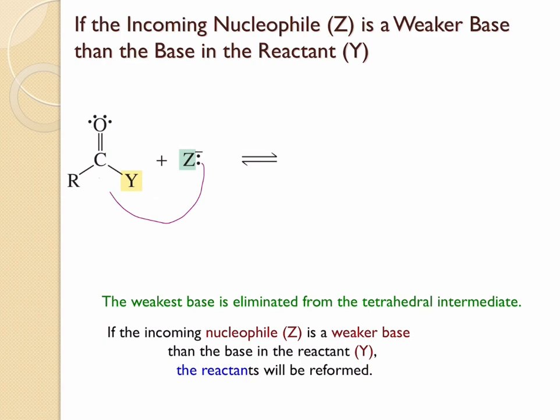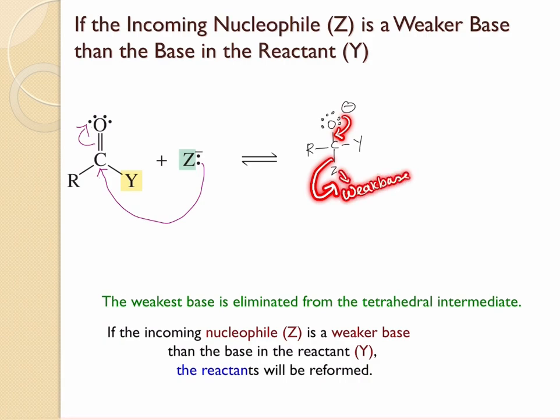The Z minus is going to attack this electrophilic carbon, thrusting these electrons onto oxygen to form the tetrahedral intermediate. Once the tetrahedral intermediate is formed, of course, it is unstable, so these electrons will come in here. Now it would be Z's turn to leave, since this is going to be the weak base.